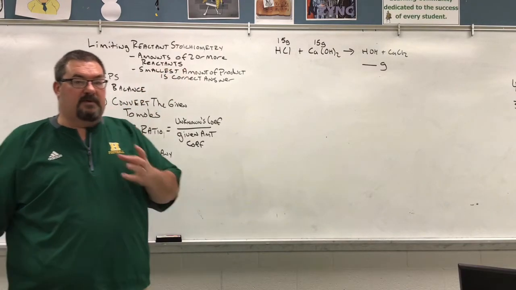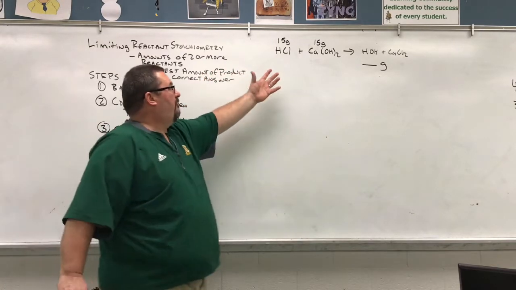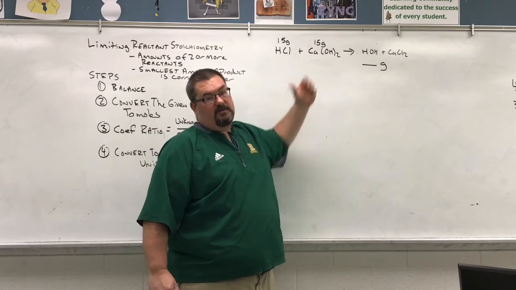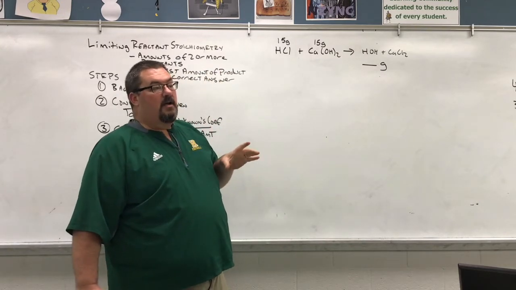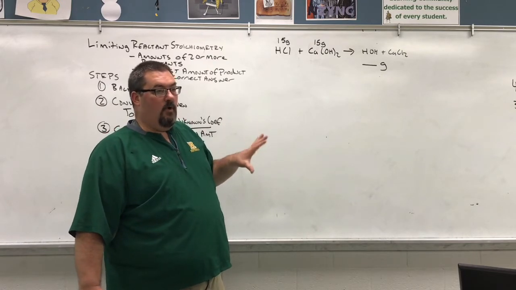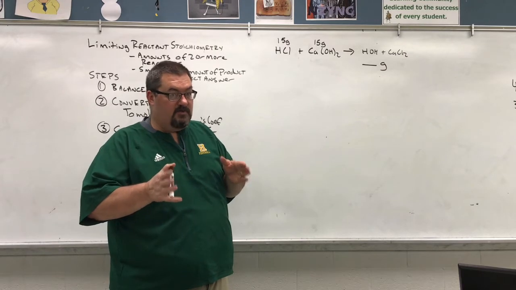In our sample problem, we have 15 grams of HCl and 15 grams of calcium hydroxide. When we do the reaction with these, one of them will run out first, which will limit the reaction and stop it.